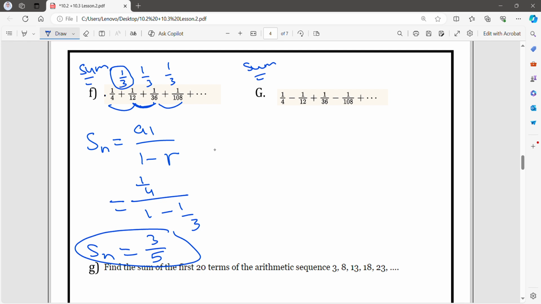So definitely this will be geometric, but you have to check also. 1 over 12 divided by 1 over 4 is again 1 over 3. Same thing, right? Here also 1 over 3.